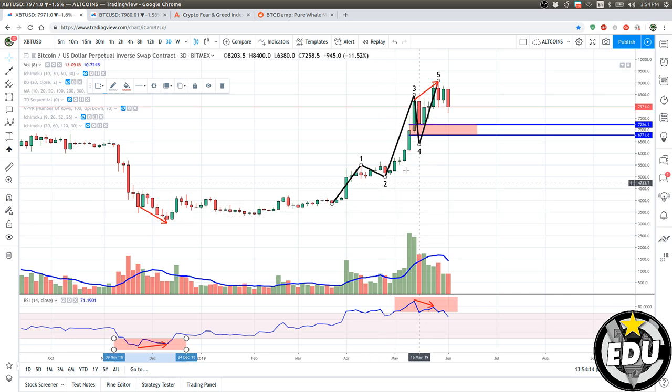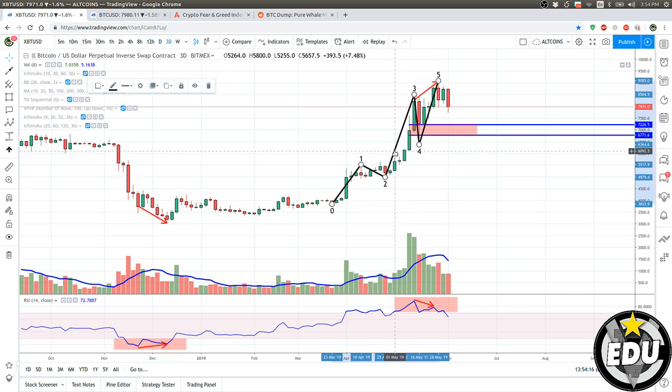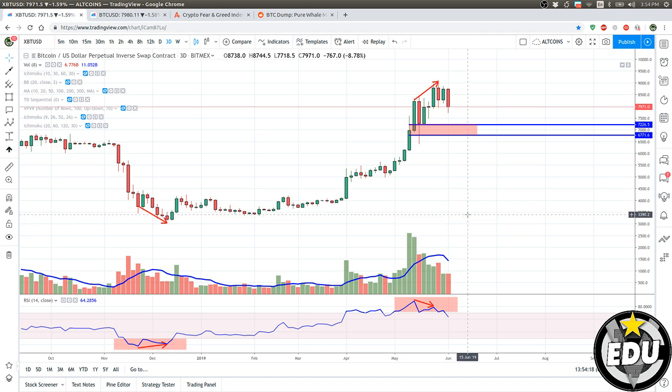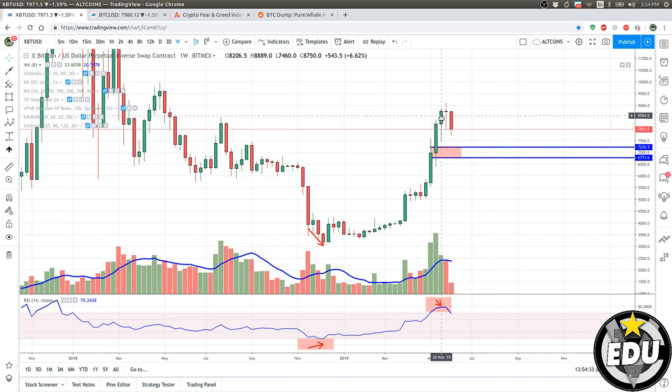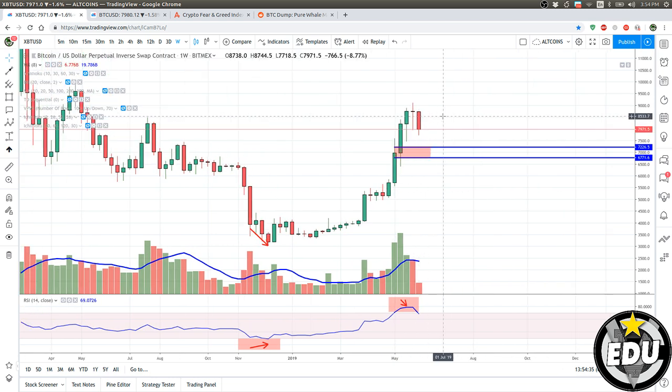What else can we check on this guy? Well, let's go to the higher time frame because it's getting scary there too, right? On the weekly, we have a massive evening star, so a green candle that was still bullish, but closing way lower than the previous one.